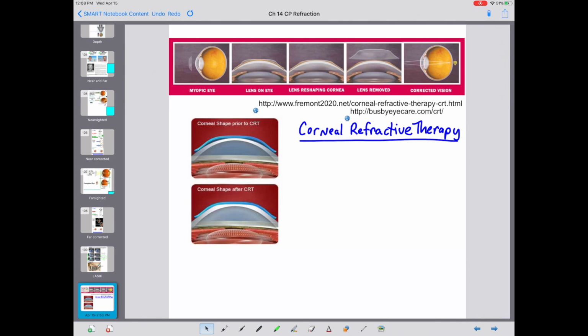My wife, not a candidate for LASIK surgery. She had previously, she doesn't wear these anymore, corneal refractive therapy. And what these are basically are hard contact lenses that she would put into her eyes at night before she went to bed.